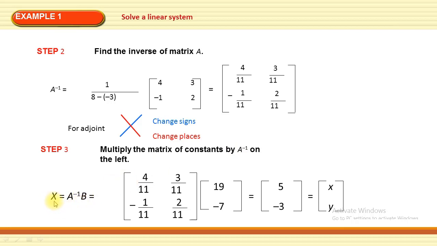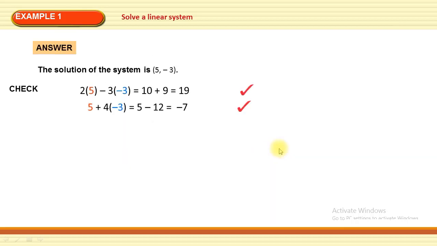So we obtain X is equal to A inverse B. This is the inverse of the matrix, and this is the matrix B. Multiplying these two matrices, we obtain after simplification 5 and minus 3. So the result for x is 5 and for y is minus 3.